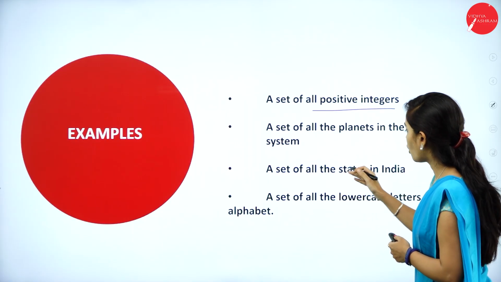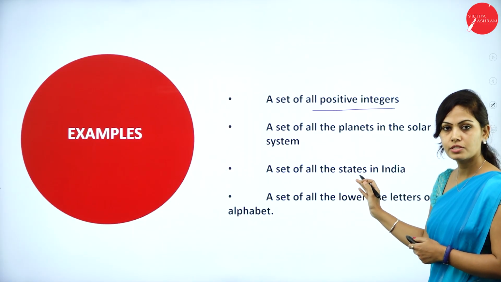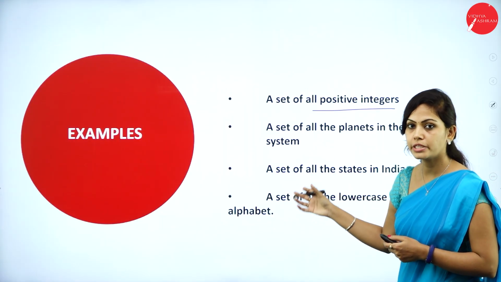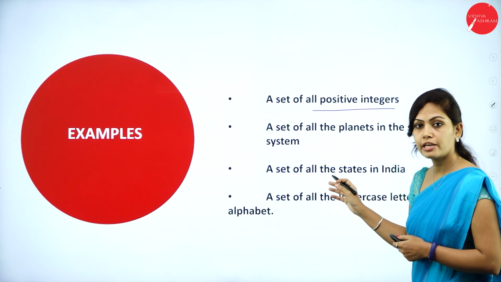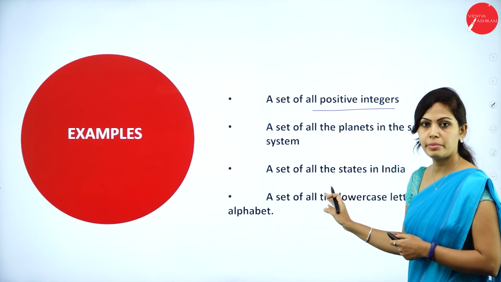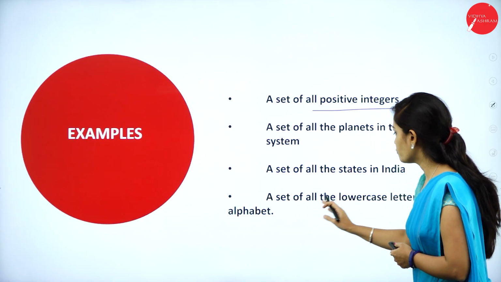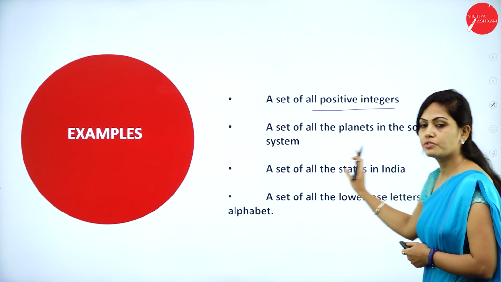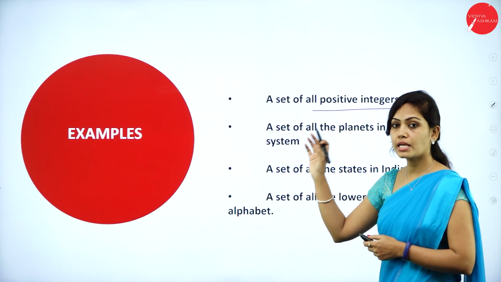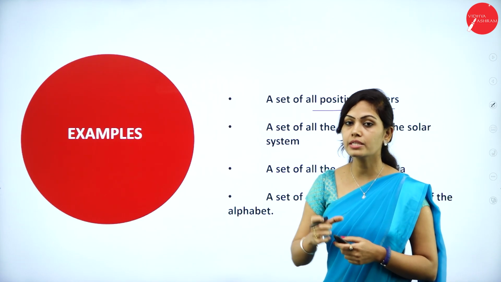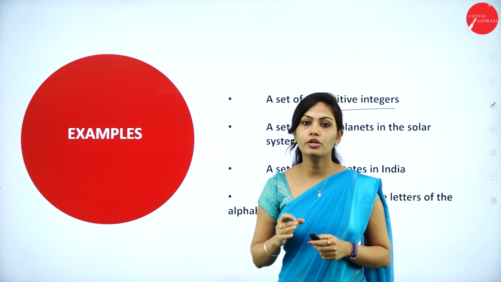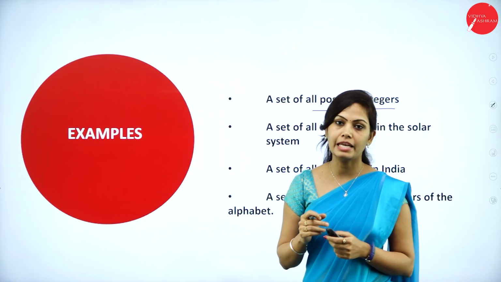And a set of all the states in India. We can call these the set elements. And a set of all the lowercase letters of the alphabet. It is an unordered collection of well-defined objects, also known as elements.